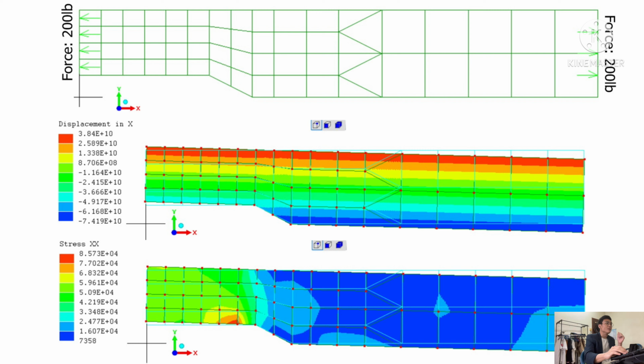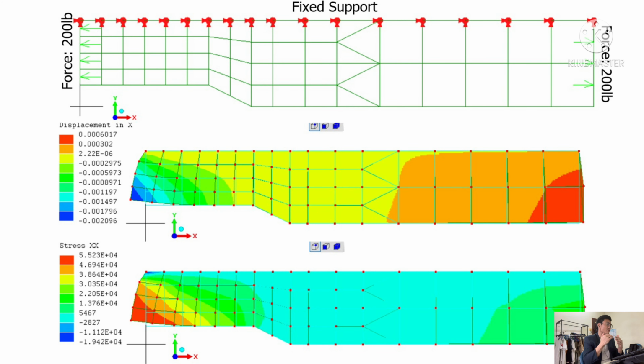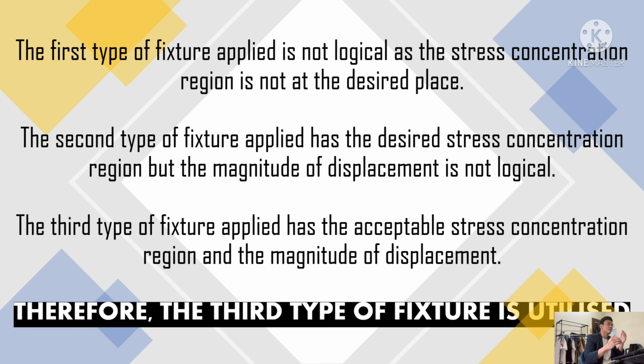Never mind, we try the next combination of fixtures. We add one more fixed support on top of the model. From the simulations, we can see that all the stress and displacement values are quite satisfying, and this is what we want. So we use the third combination of fixtures.